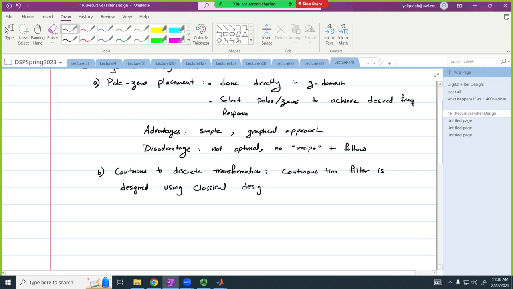Is this like RLC? No, like Butterworth, Chebyshev filters, all these filters. And then the filter is transformed from H of S to H of Z.